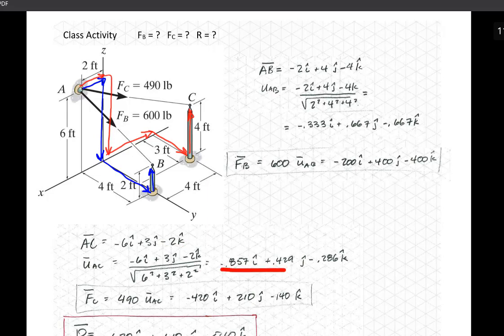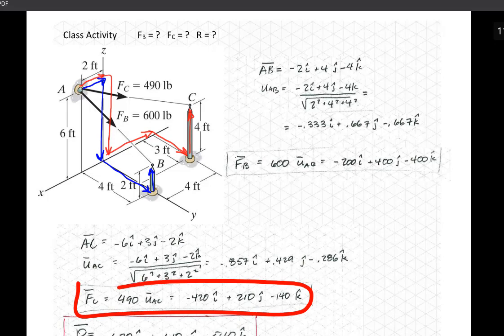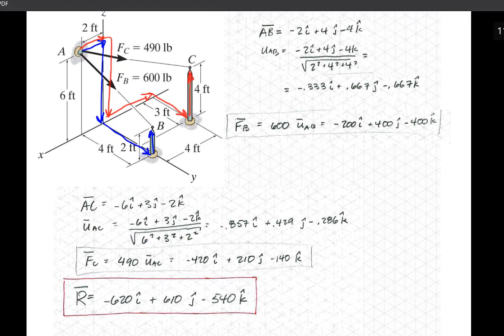Doing a similar process, you get the two forces. Those are the vector descriptions of the two forces. Then you add them together, you get the resultant. In other words, 420 added to 200 would be negative 620, 210 and 400 would be positive 610, 400 and negative 140, negative 400, negative 40, and you get negative 540.